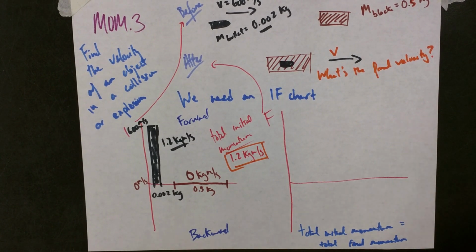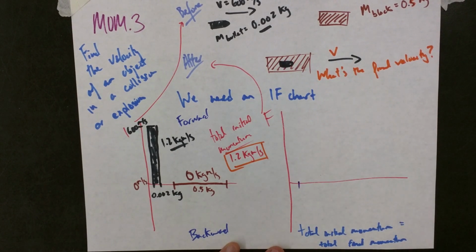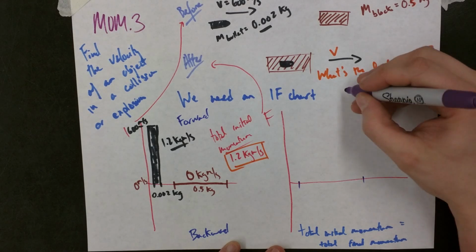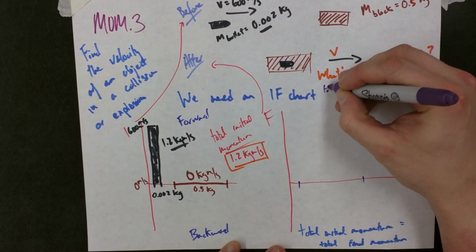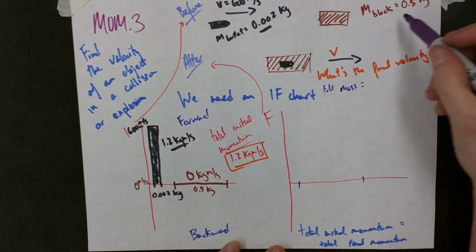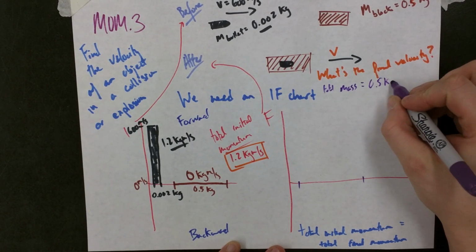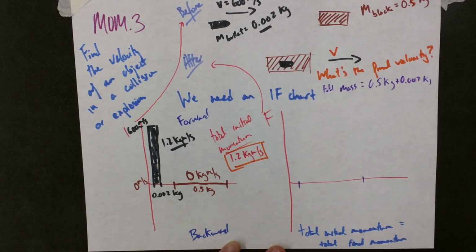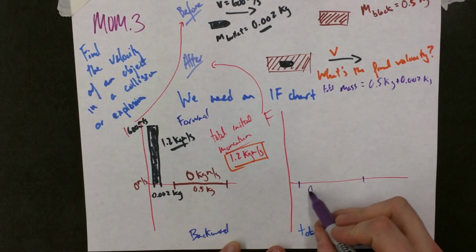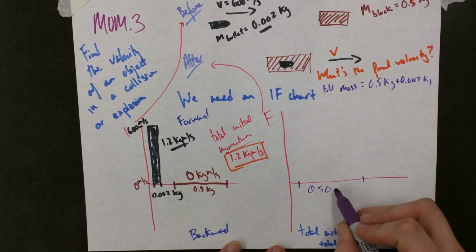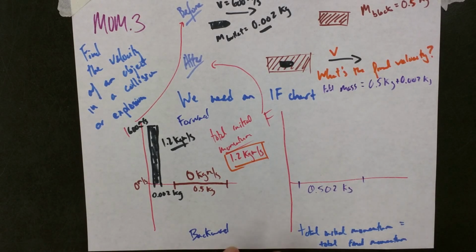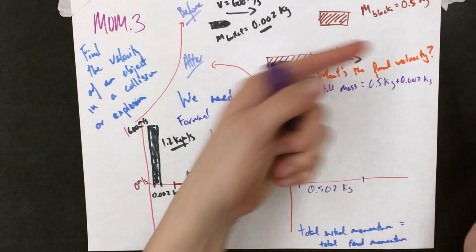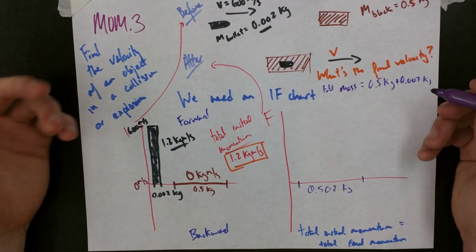I'll say that this object here is both the block and the bullet, and the total mass must be the mass of the block, which is 0.5 kilograms, plus the mass of the bullet, 0.002 kilograms. And when I add those two up, I get 0.502 kilograms.